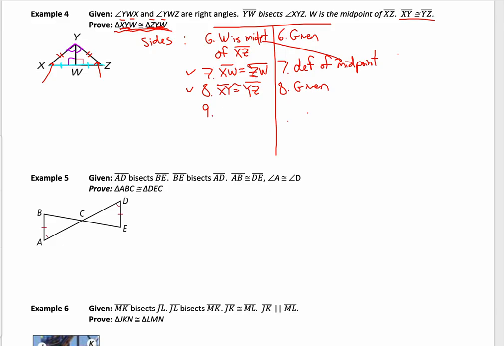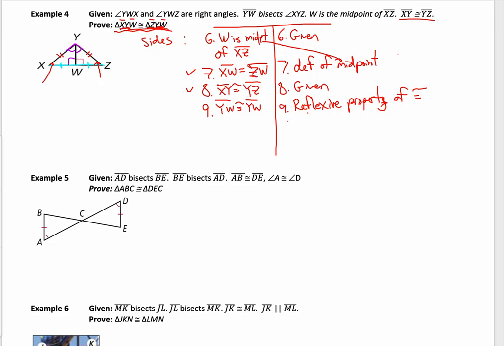Well, YW is definitely congruent to itself. What's the reason? Well, what's the reason that something is congruent to itself? That's the reflexive property. We haven't used that very often, but this is a case where we would use it. Reflexive property of congruence. Okay, that's when something is congruent to itself.